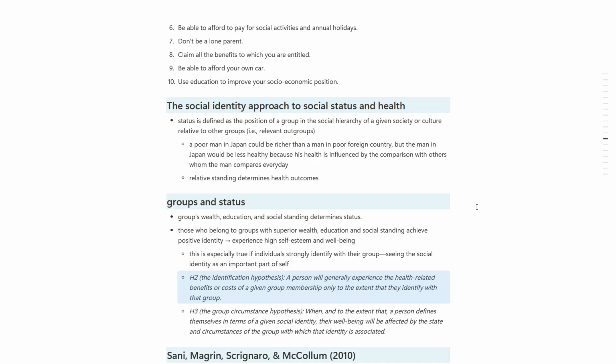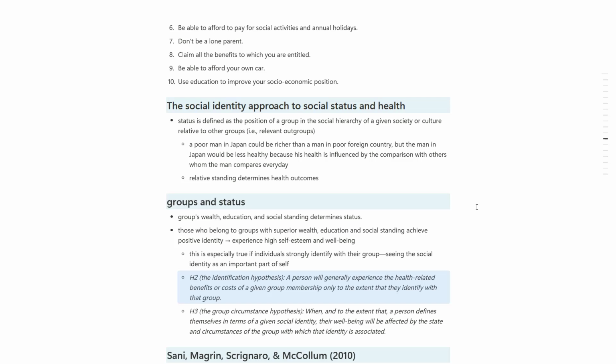So even if one belongs to a group which has a very high status in the society, if the person does not identify well with that group, then the benefit he or she could get from the membership of the group is very much limited. Only if the person strongly identifies with that group can that person enjoy the benefit that the group can confer.